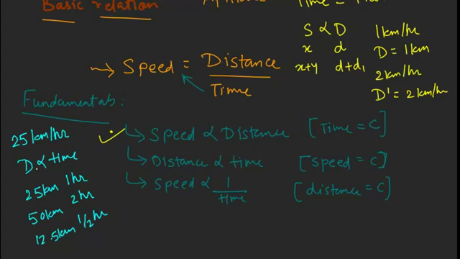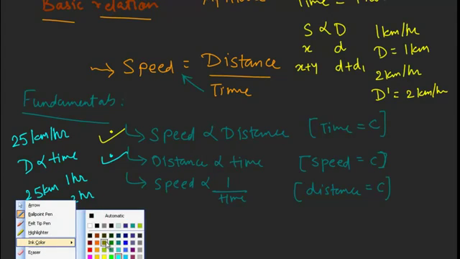So still you can see that as time is increasing, distance is increasing for the given speed, and as time is decreasing, distance is also decreasing for the given speed. In this way you can interpret this second proportionality.